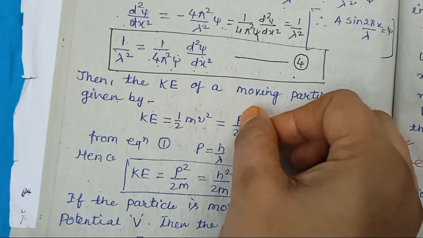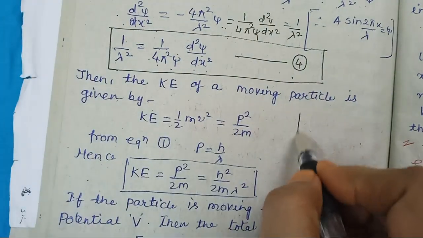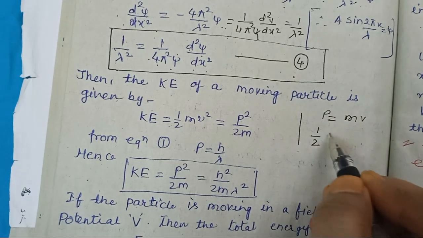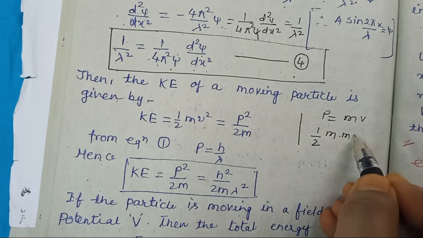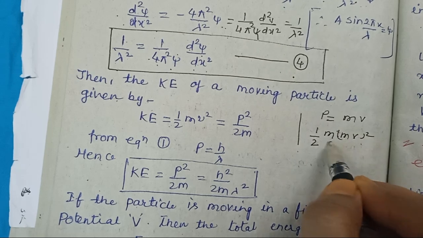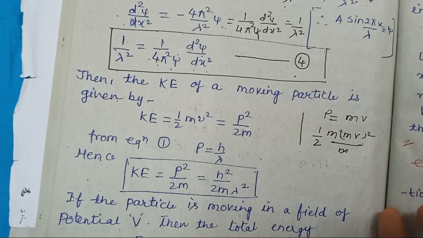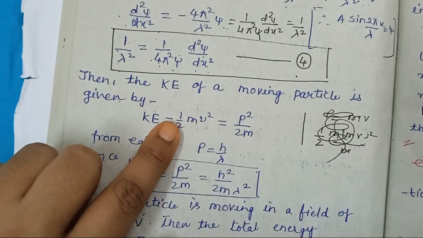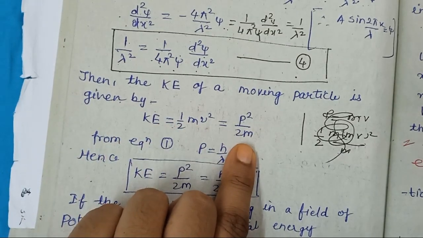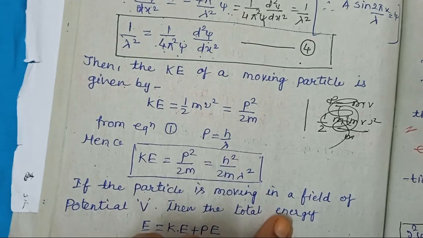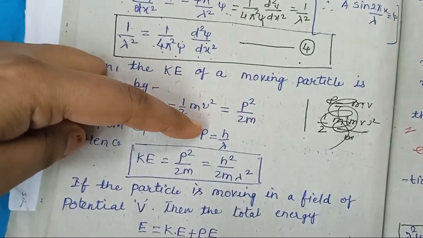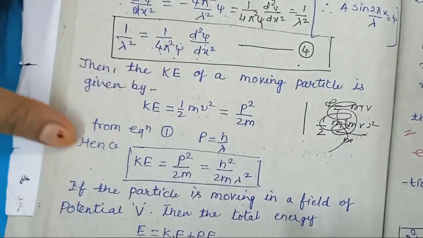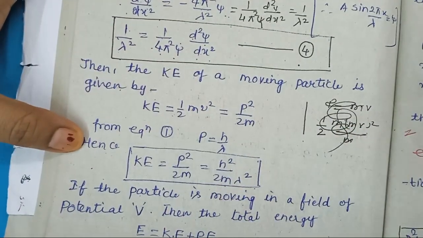Since p equals mv, this is the same thing. From here we get p equal to h upon lambda, and putting in the value, we get h square upon 2m lambda square.